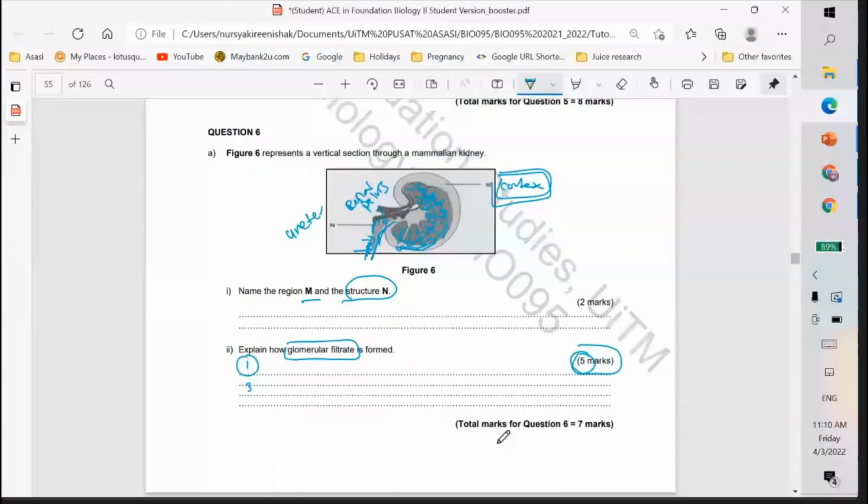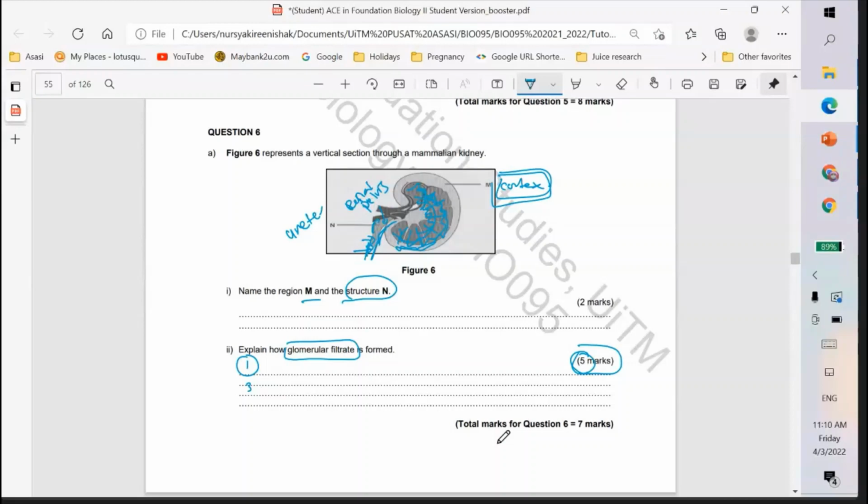pressure in the glomerulus. So next, this causes fluid from the glomerulus to enter into the Bowman's capsule through the process of ultrafiltration. And then the next one is, if you mention, the endothelium of the glomerulus have gaps or pores, they are porous.